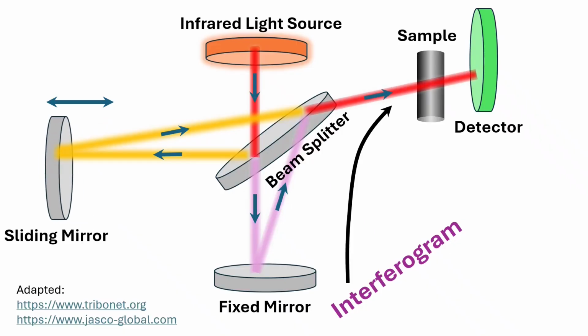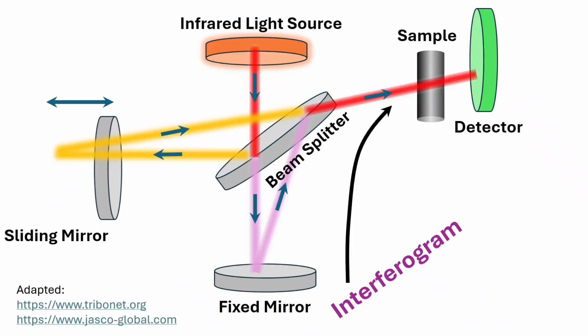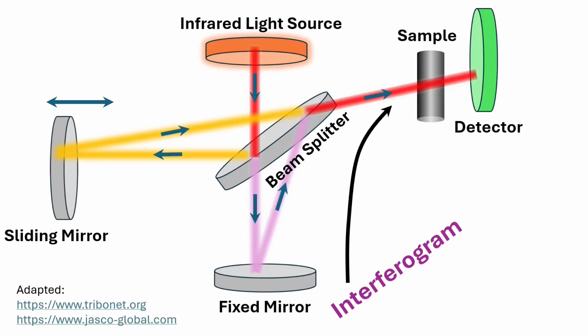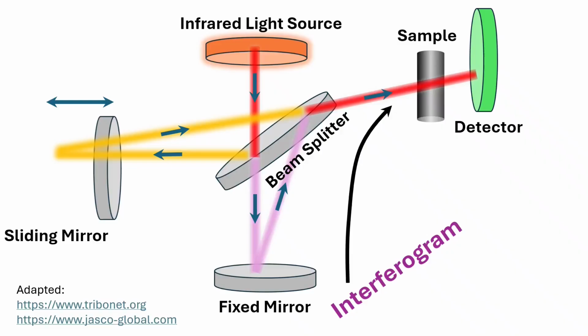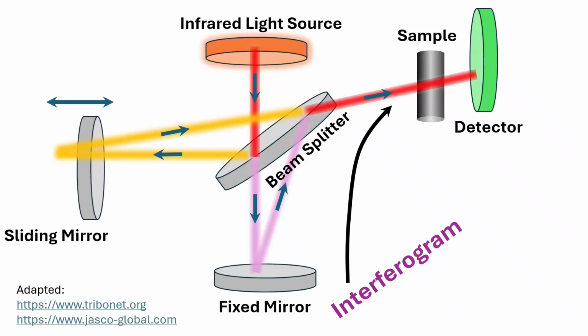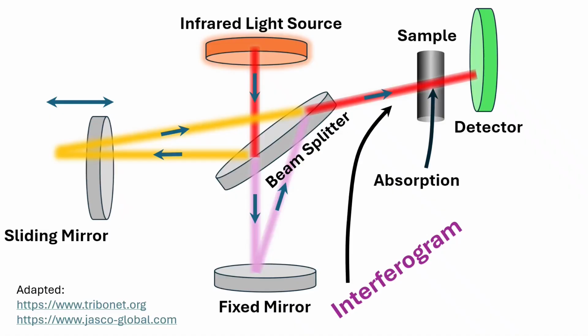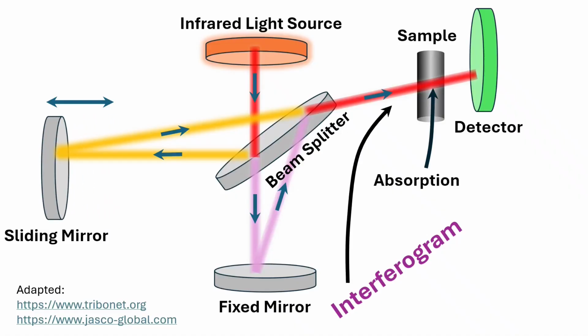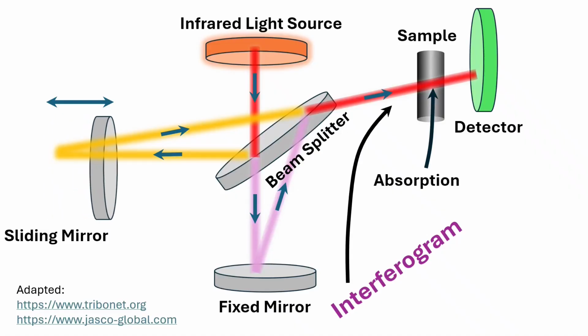It is then directed through the sample. The interferogram looks like a complex wave pattern containing encoded information about every wavelength simultaneously. The beam then reaches the detector to record the signal.